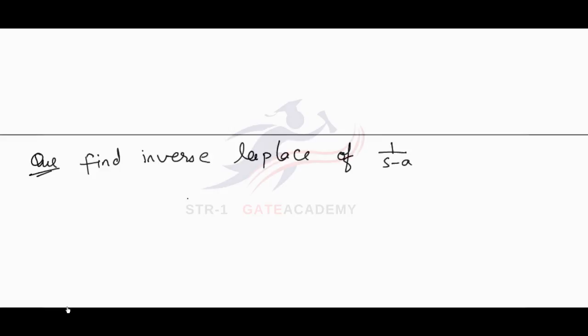For example, if I say find the inverse Laplace of 1 by s minus a, it is very simple. It will be L inverse of 1 upon s minus a. That is nothing but e raised to at, because I know Laplace of e raised to at is 1 upon s minus a. So that becomes very simple for us to understand.